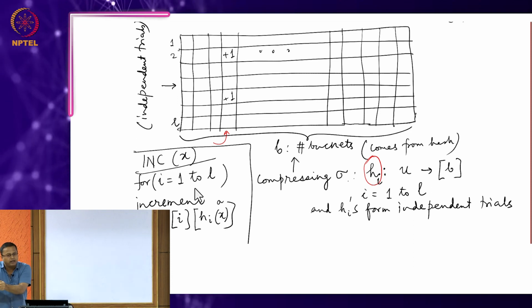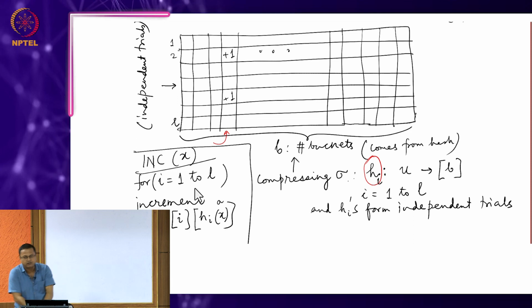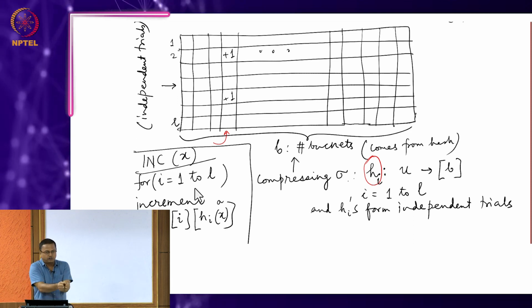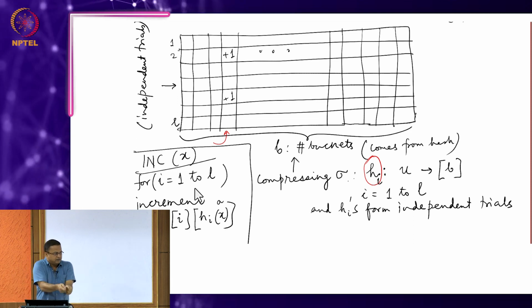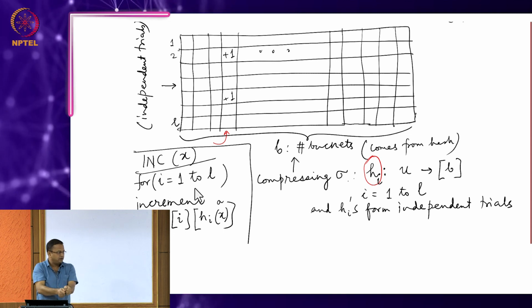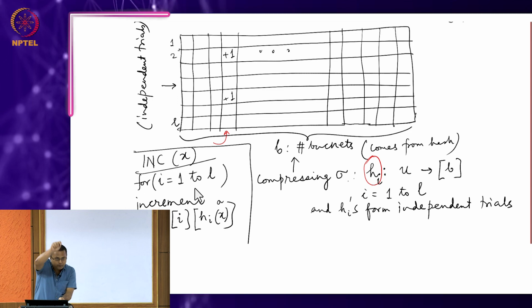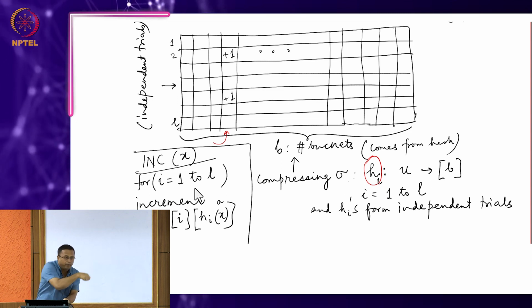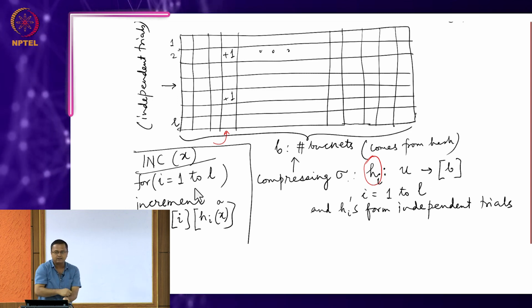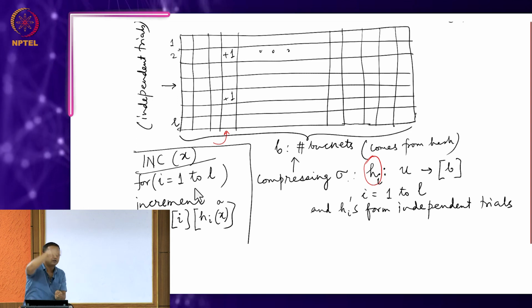Now when your query A comes, again you hash and go to a particular location of the bucket. You know that A is in this column, and there are L independent trials where there were many B's not equal to A that have added up to these counts.